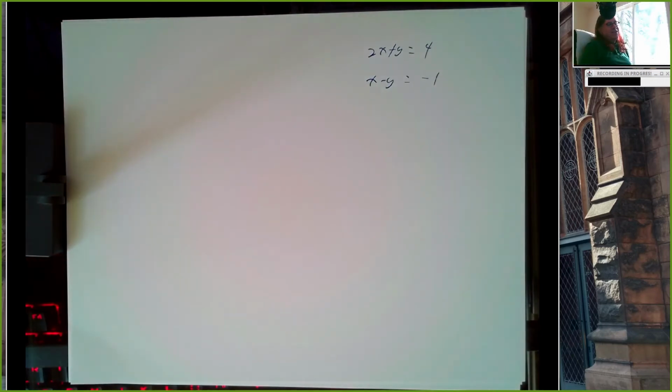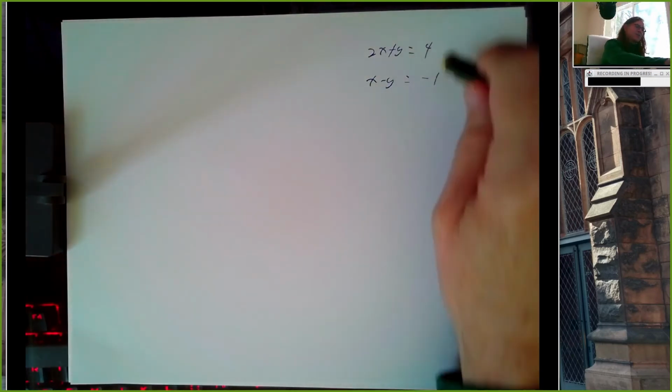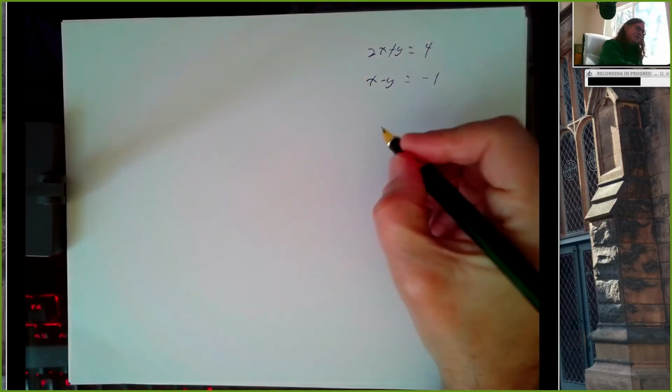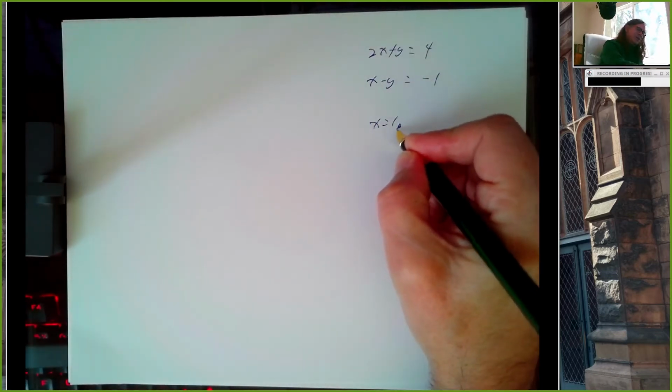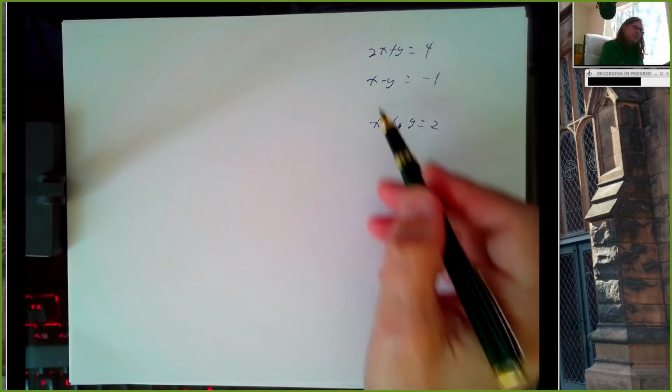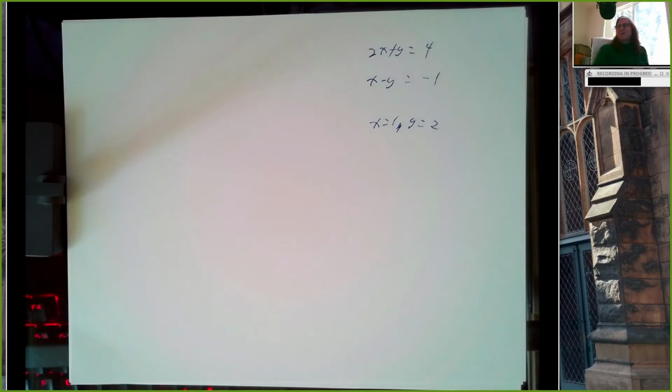And can you find values x and y which satisfy both of these equations? And if you said x equal to 1 and y equal to 2, well, 2 times 1 plus 2 is 4, 1 minus 2 is -1. There's a solution. So we can do the same thing working with modular arithmetic.